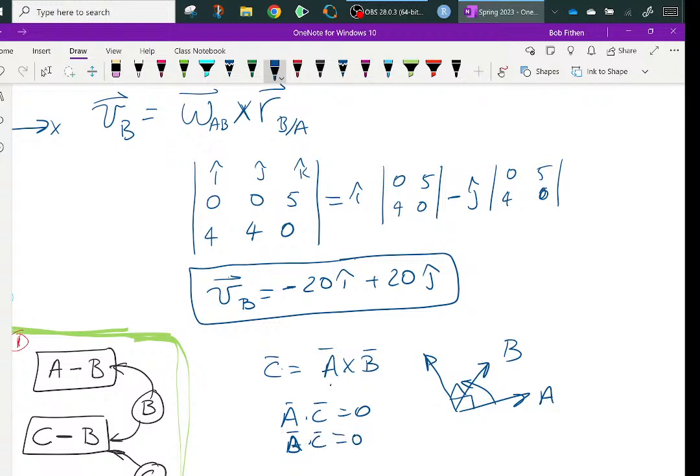So this times that plus this value times that value doesn't tell you anything. But this one times that plus this one times that does tell you something. That just tells you that, yeah, in fact, this is perpendicular to that one, and it's perpendicular to that one. So we're all good there.